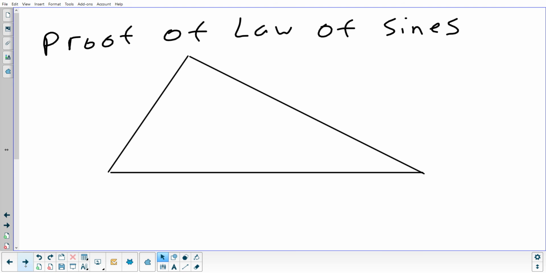Let's label this side A. That angle we'll call alpha. This would be B. And that's B. I'm not going to use side C for this. All right. So the first thing I'm going to do in that diagram is I'm going to create 2 triangles, specifically 2 right triangles, by going just like this.